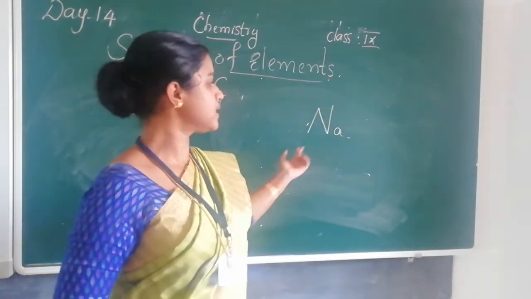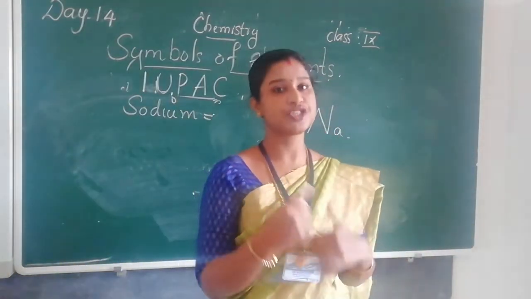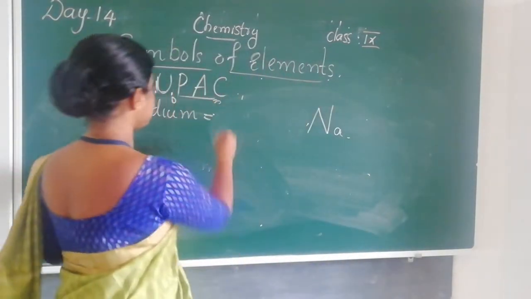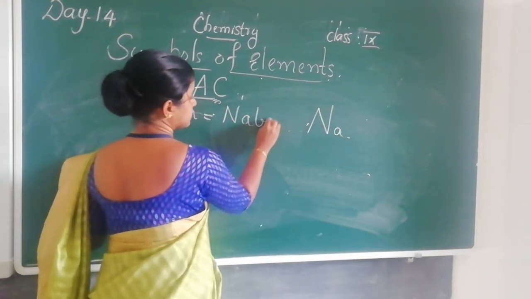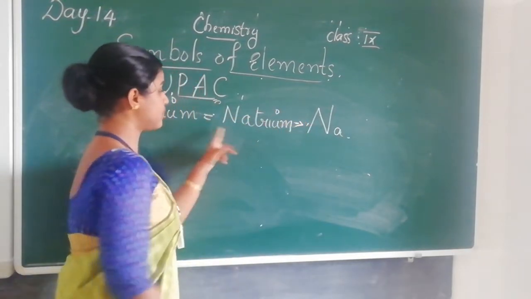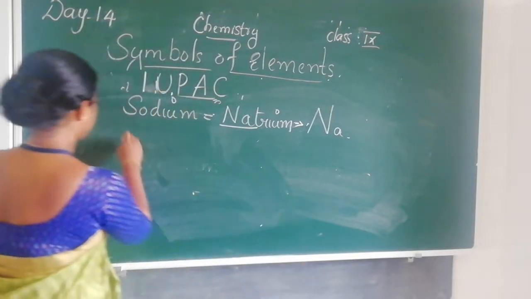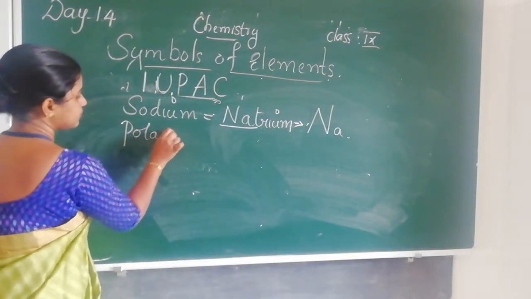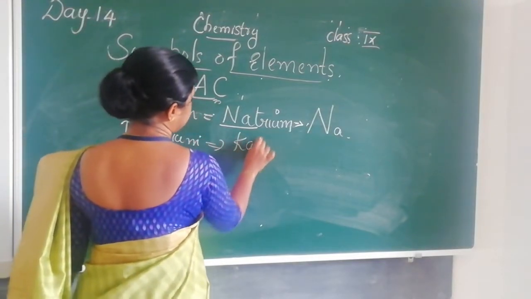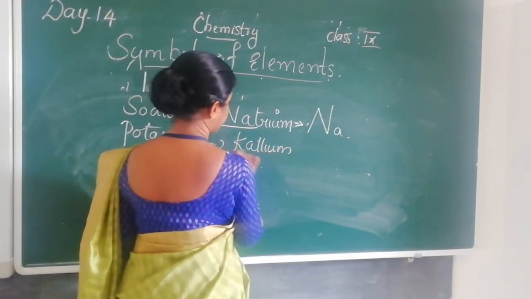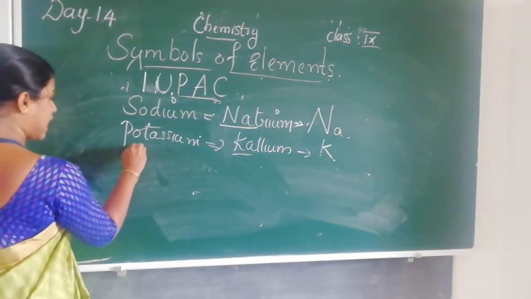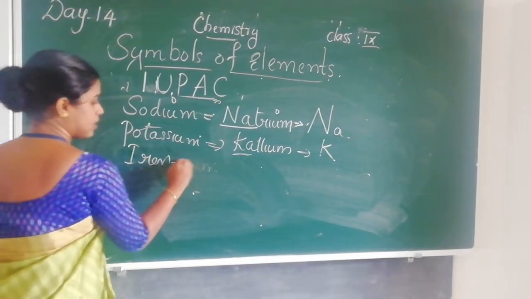For sodium, its symbol is Na, which comes from natrium, its Latin name. Natrium, from there Na. Then potassium. Kalium. From here they took K. Iron. Ferrum.